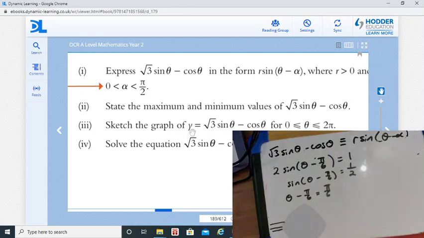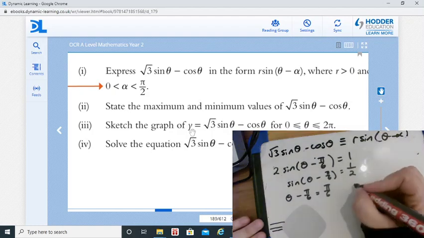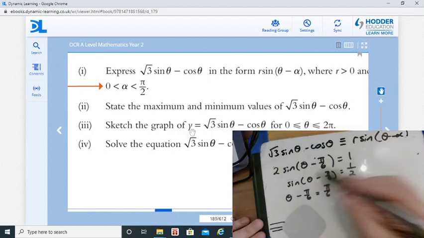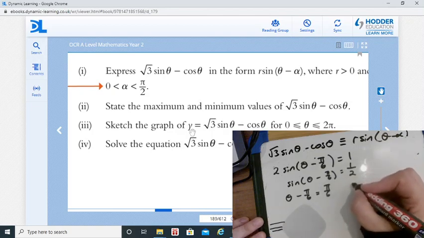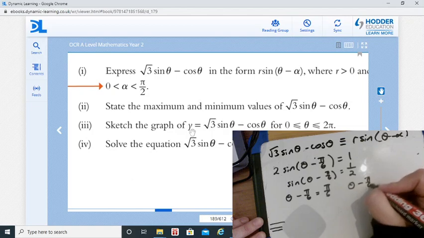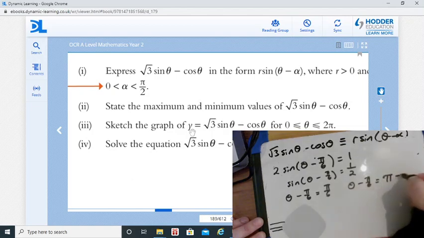Use your calculator and go shift sine of a half, and it comes out to be pi over 6. Now remember, this is sine, so sine is 180 minus, 180 is pi, so it's going to be theta minus pi over 6 equals pi minus pi over 6.